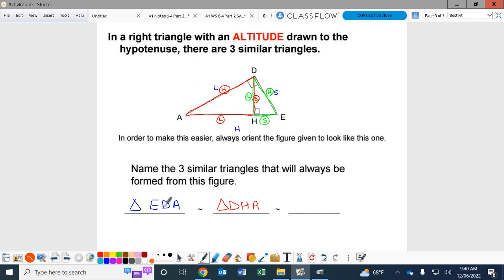Can y'all see those? I'm going to trace over in black just so you can see. Short, long, and hypotenuse. Okay, if I want to name that in the same order, I've got to go down the short side and then down the long side. What would I call that? E, H, and D.